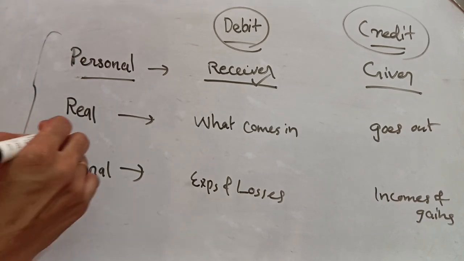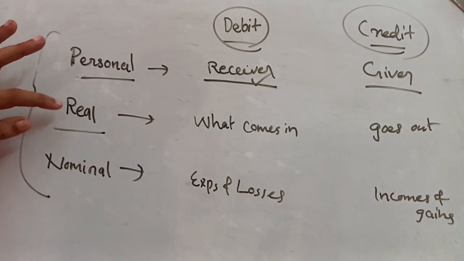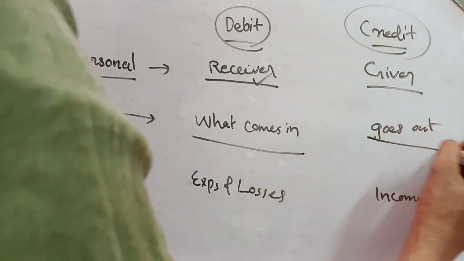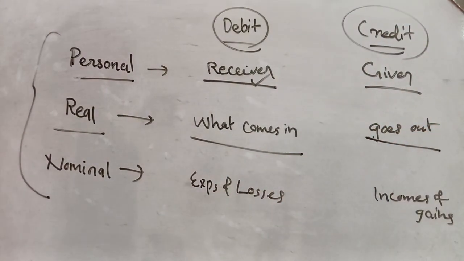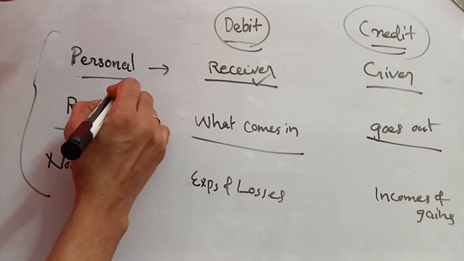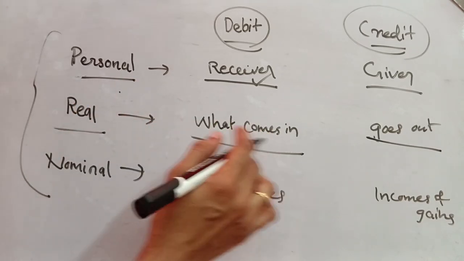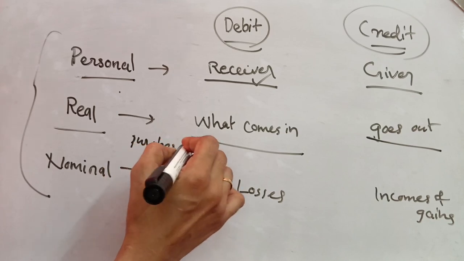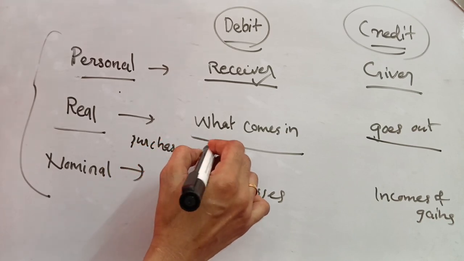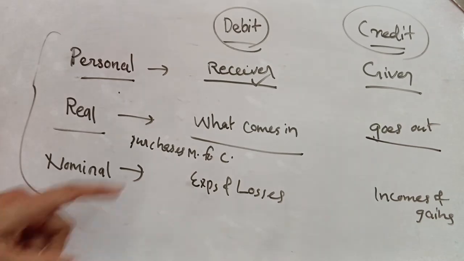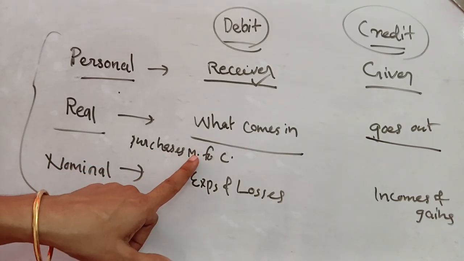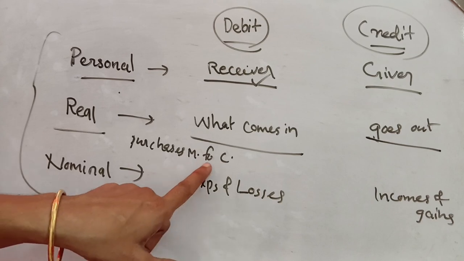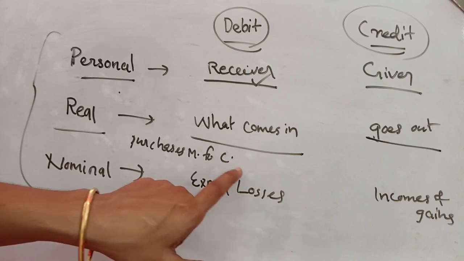Then in case of real accounts, that is, asset accounts, we debit what comes in and credit what goes out. For example, purchasing machinery for cash: what comes in is the real asset machinery, and what goes out is the real asset cash.